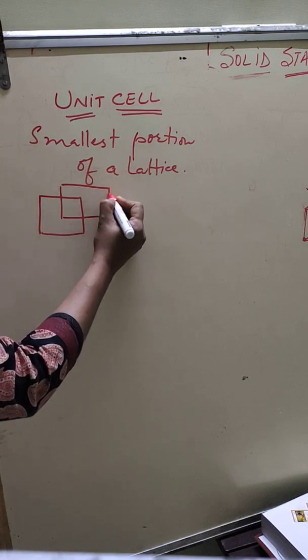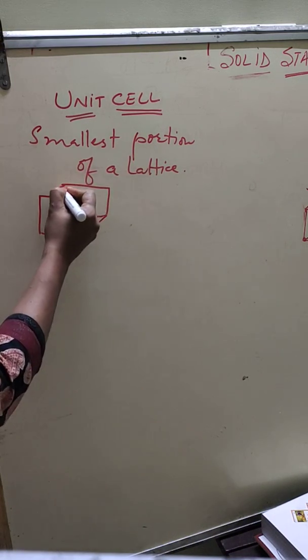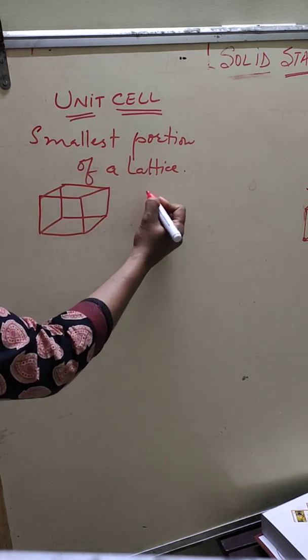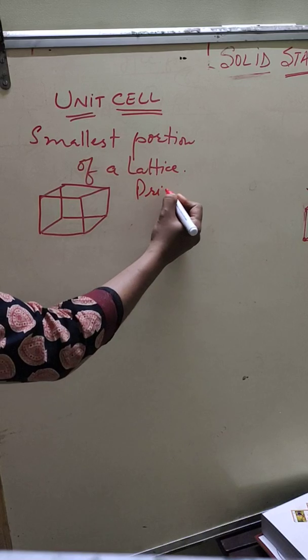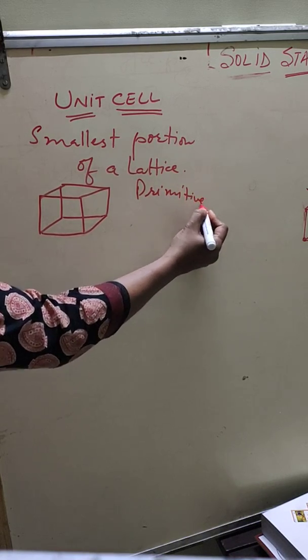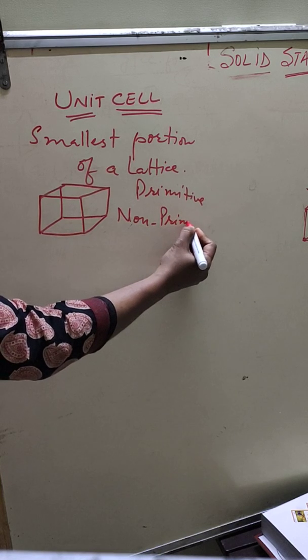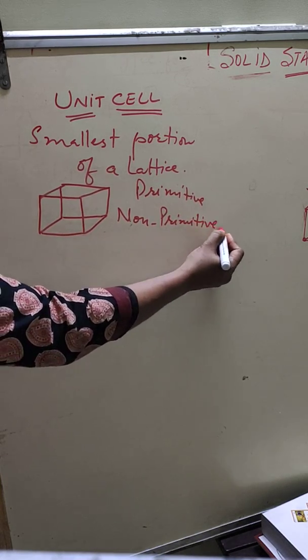Representing the unit cell as a cube, we are dividing the unit cell into two types: one is primitive and another is non-primitive.